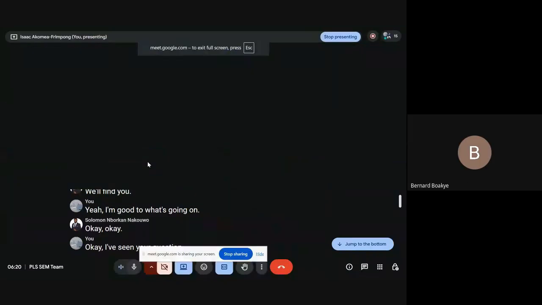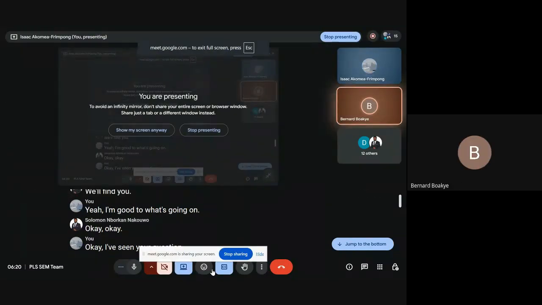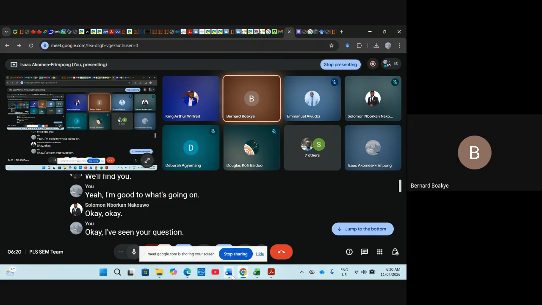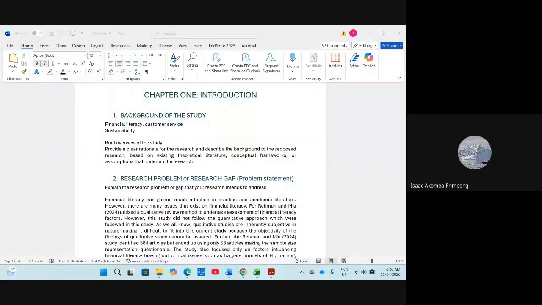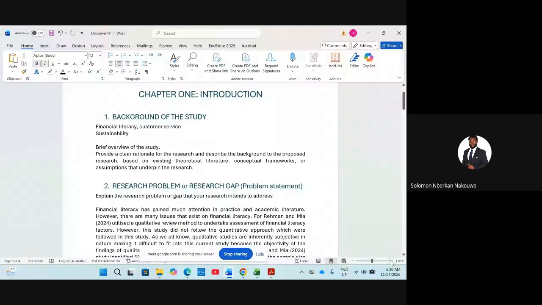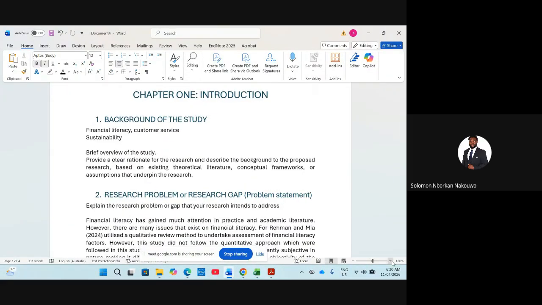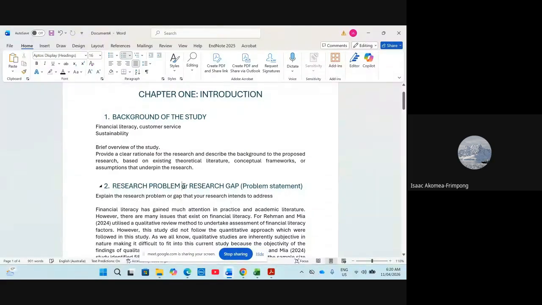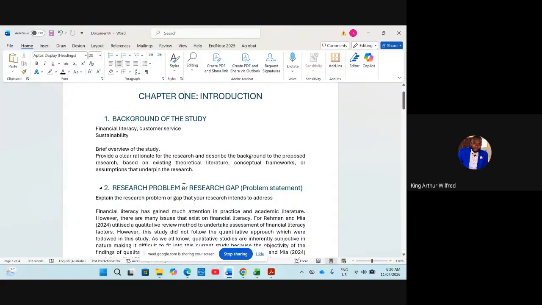It's showing the normal Word document, but I'm just suggesting that you make the Word document full screen. Can you see now? Is it full screen? Increasing the font size will be better. It's better now. Unless maybe those using mobile phones. Okay.